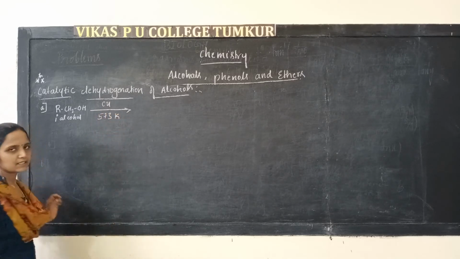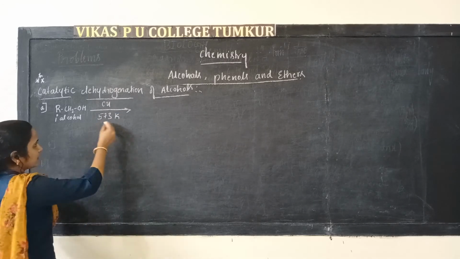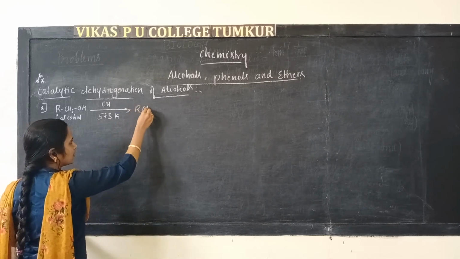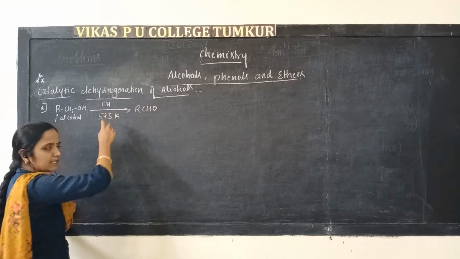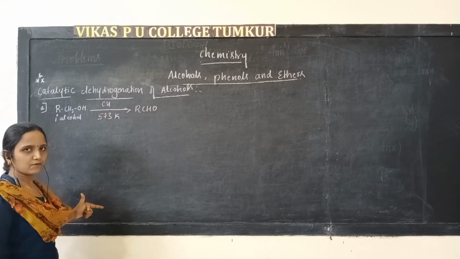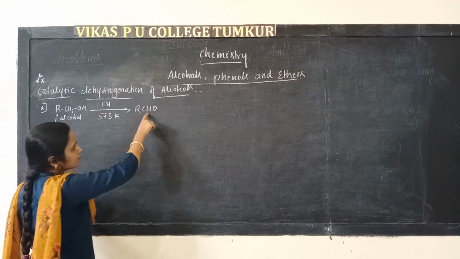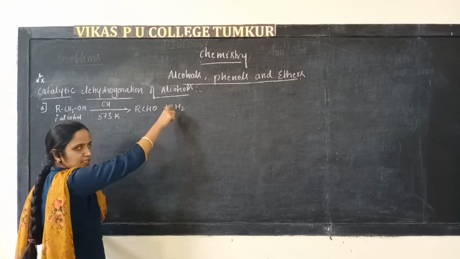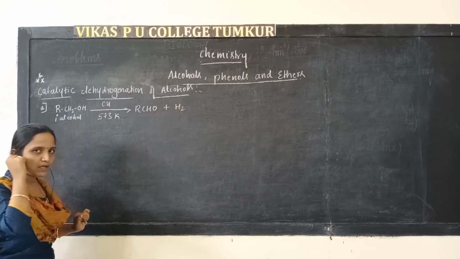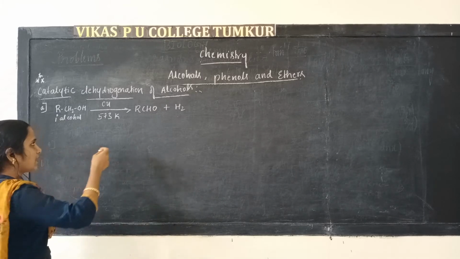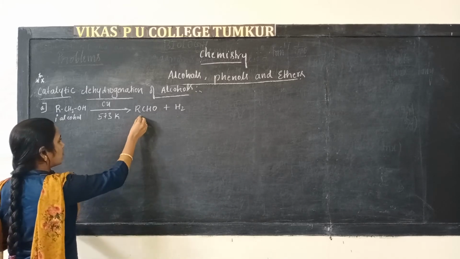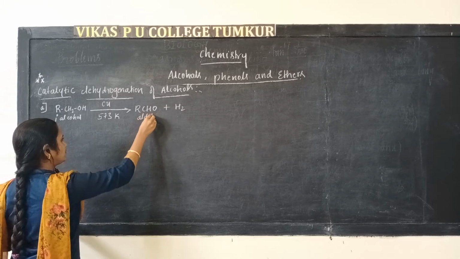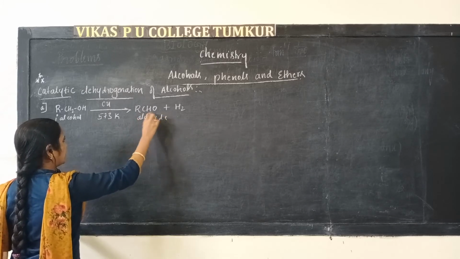At 573 Kelvin, the aldehyde is formed. It undergoes dehydrogenation, that is, removal of hydrogen. We are getting the aldehyde.